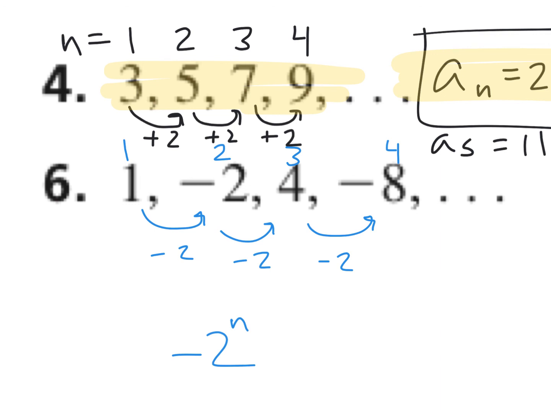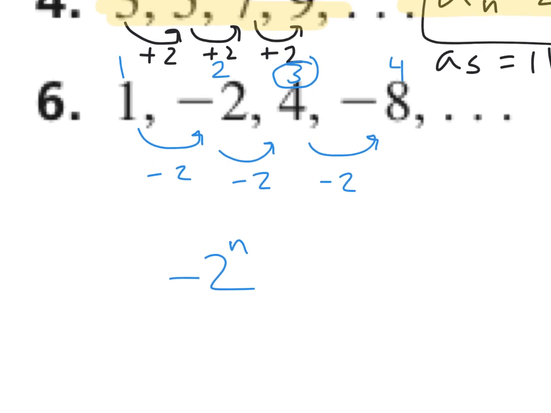Because let's just say we did 3 times -2, that's not 4, we're off a bit. But when you're multiplying by the same number each time, your n is going to be your exponent. But we're still off a little bit here. So we have -2 to the power of n.